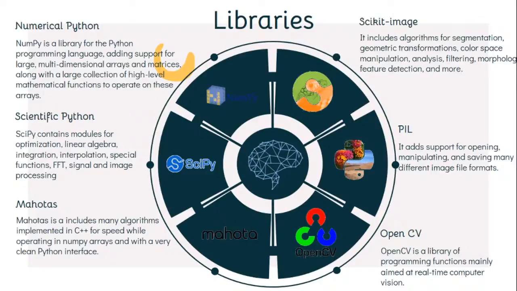For example, scikit-image includes algorithms such as segmentation, transformation, color space manipulation, filtering, and morphological feature detection. Those kinds of operations can be done with scikit-image. And PIL adds support for opening or manipulating an image, adding one image to another, or saving images in different formats.